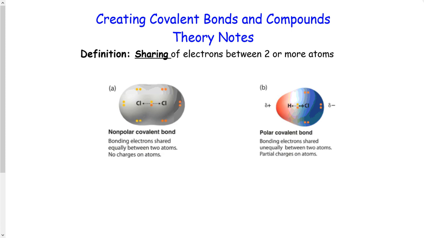This is considered to be polar covalent because the electronegativity between the hydrogen and the chlorine are different. This also leads us to something called partial charges, also known as dipoles, covered in a unit denoted dipoles.